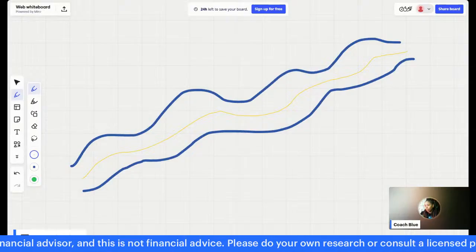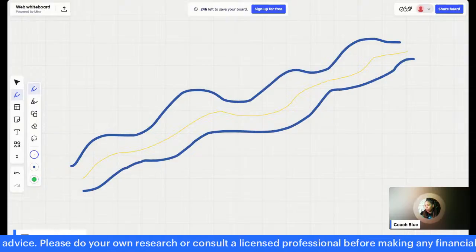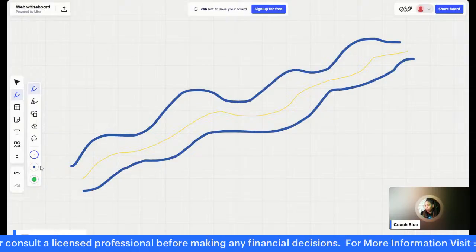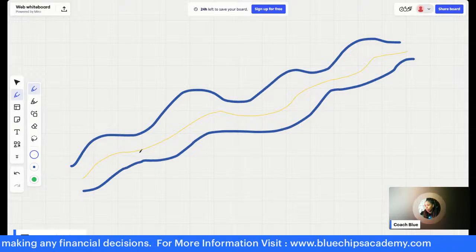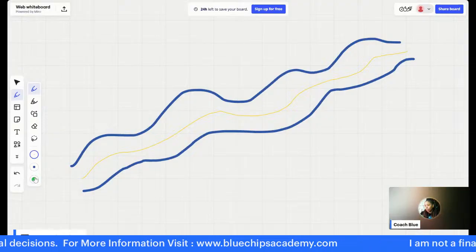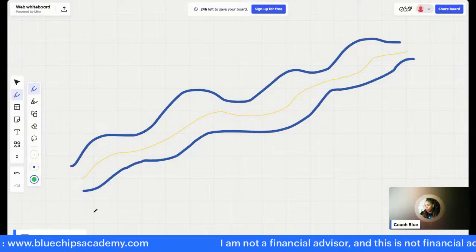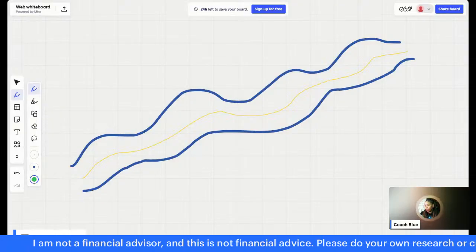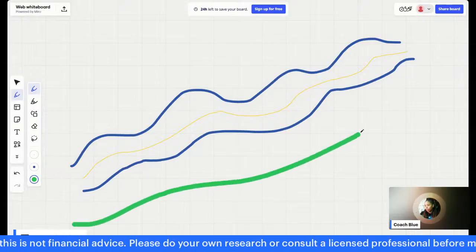So what we have here is our Bollinger Band. When we're looking for a bullish setup, the first thing we look at is what our 200 is doing. That's our trading GPS, the 200 EMA. We'll use this green line as our 200.